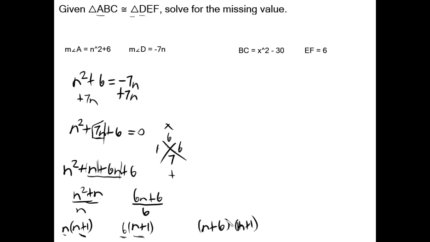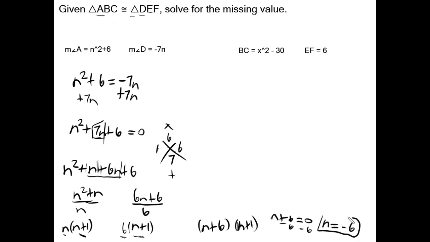And since we're trying to find the missing value, we set each equal to 0. So n plus 6 equals 0, minus 6, n equals negative 6.